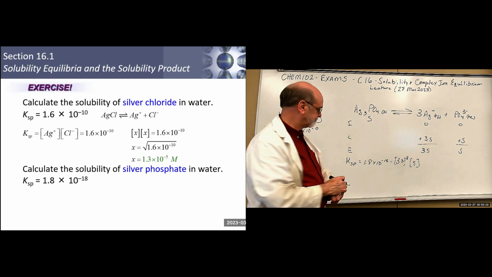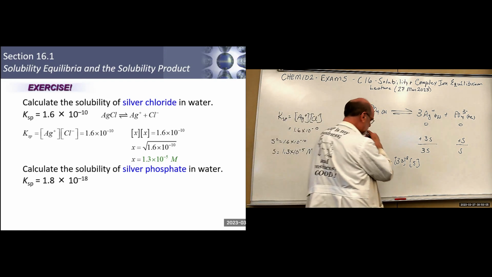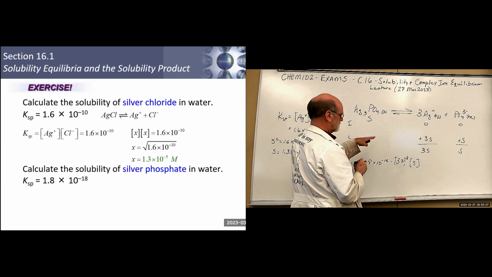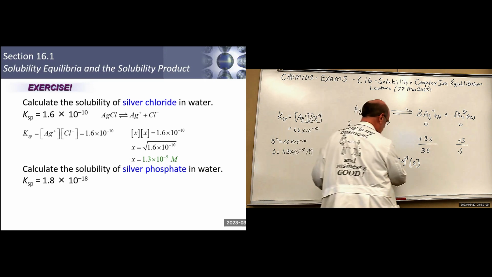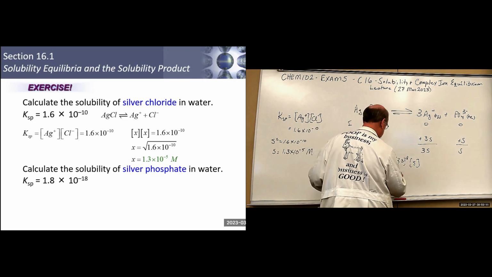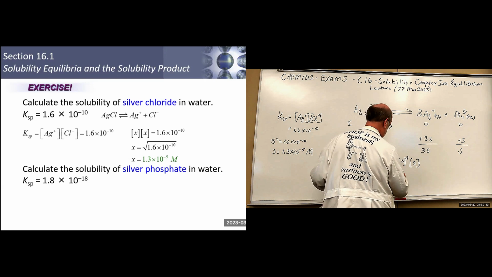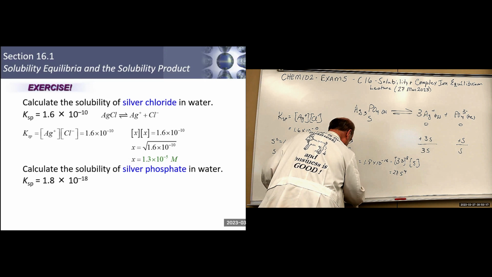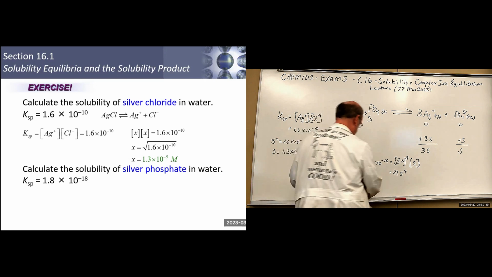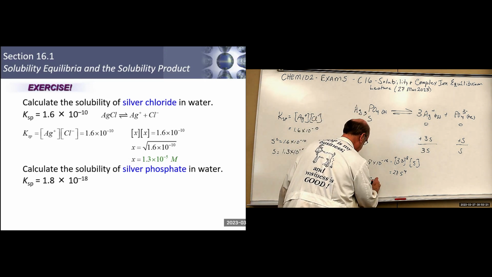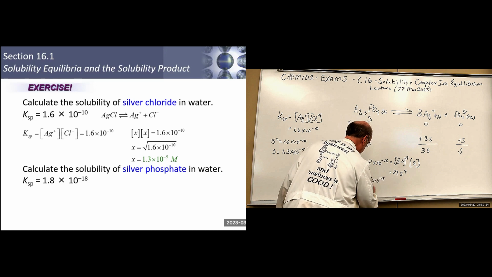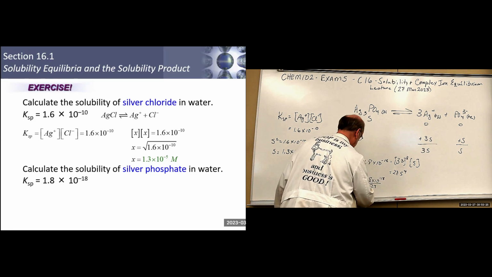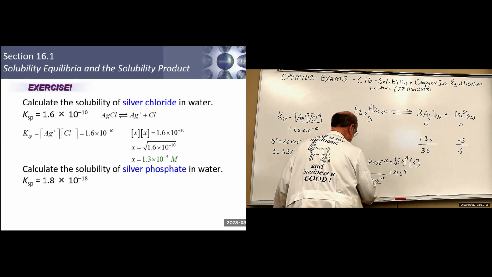Did I do that right? Yeah. So 3S cubed is 27, and then S to the 4th power. So S is going to be 1.8 times 10 to the minus 18 divided by 27, and then to the 4th root.